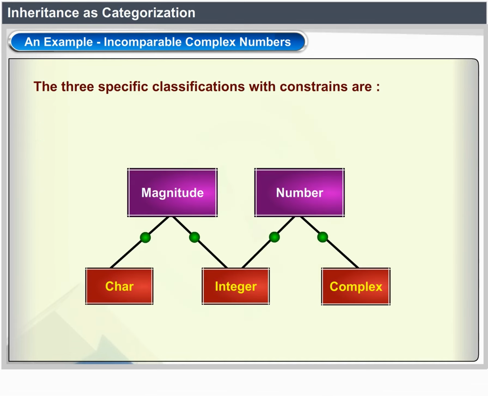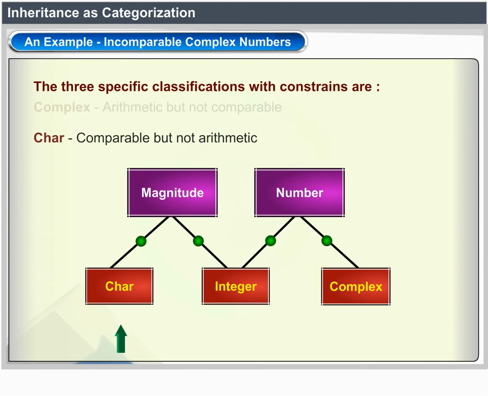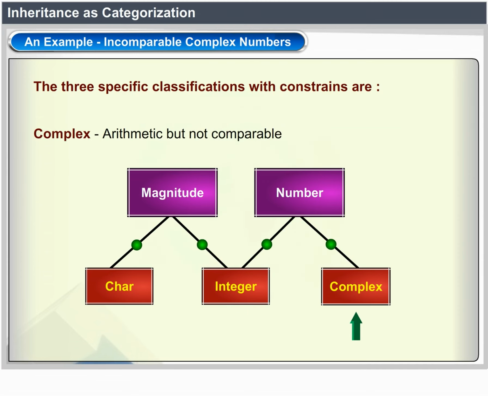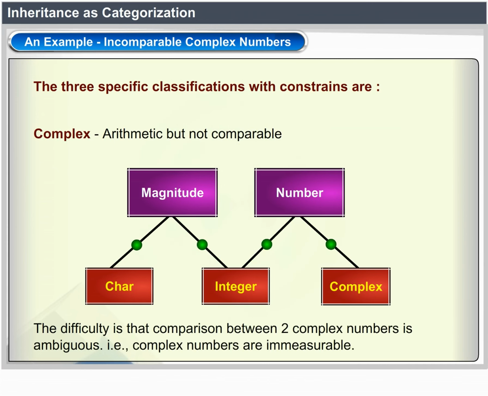The three specific classifications with the constraints are Integer, comparable and arithmetic; Character, comparable but not arithmetic; and Complex, arithmetic but not comparable. The difficulty is that comparison between two complex numbers is ambiguous, that is, complex numbers are immeasurable.